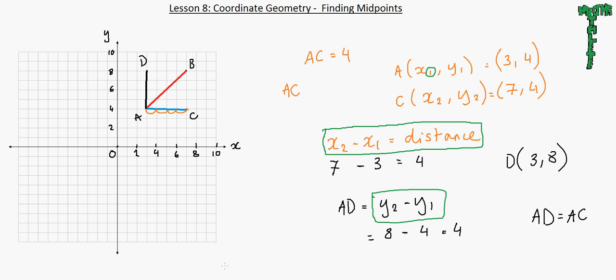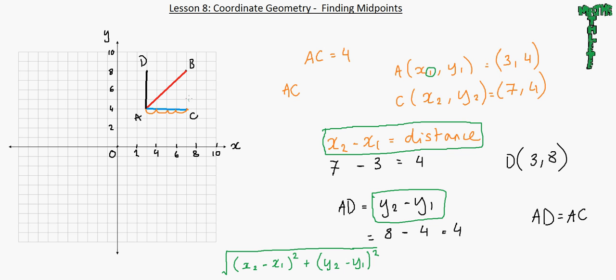You would have the square root of x2 minus x1 squared plus y2 minus y1 squared. So this is the side going vertically, and this is the side going horizontally.